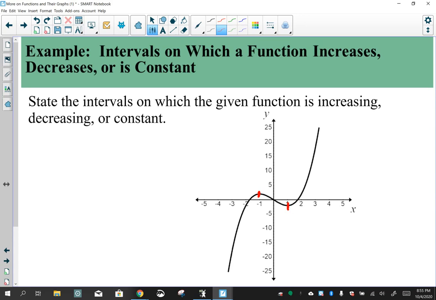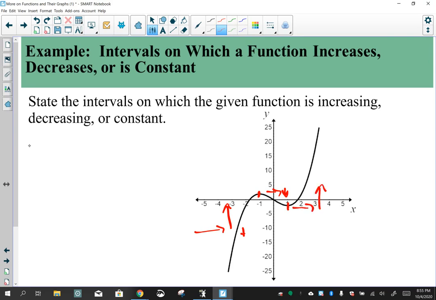Because we don't have a function here, we just have to look at the graph. As my x's are getting bigger, my y's are getting bigger, so I'm increasing here. As I turn and get to here, as my x's get bigger, my y's get smaller. And then as I turn again, as my x's get bigger, my y's get bigger.